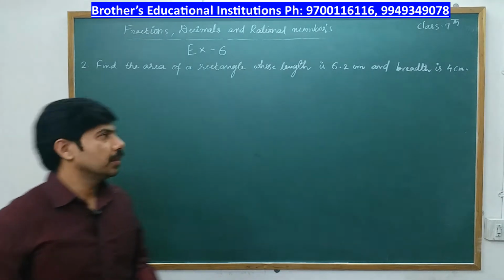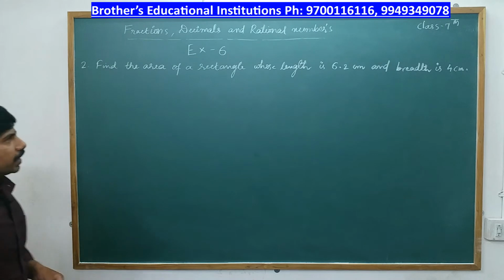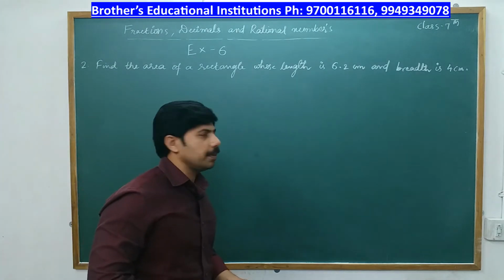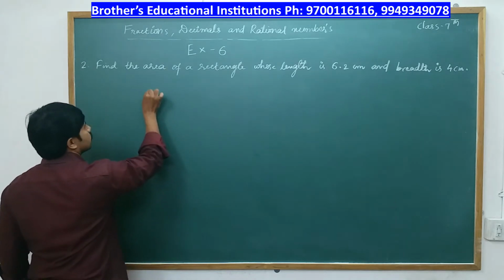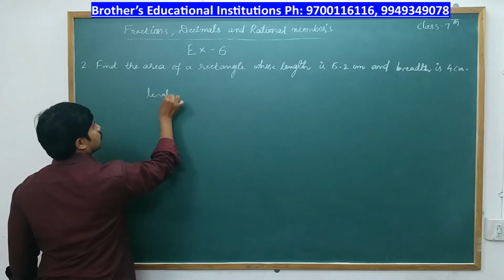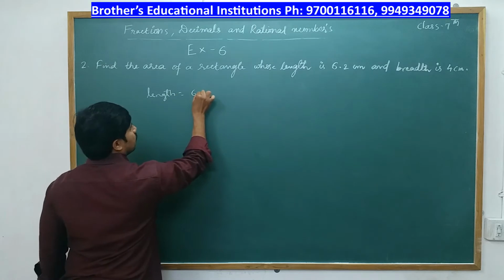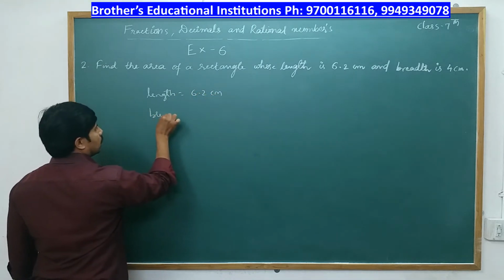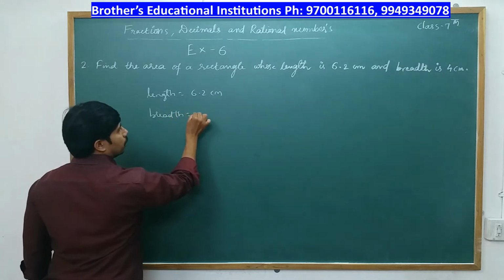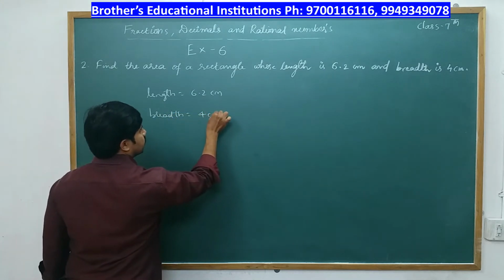Next problem. Find the area of rectangle whose length is 6.2 and breadth is 4 centimeters. So first we write length. So the length of rectangle is 6.2 centimeters. Breadth of rectangle is 4 centimeters.